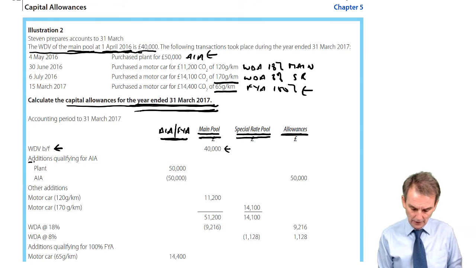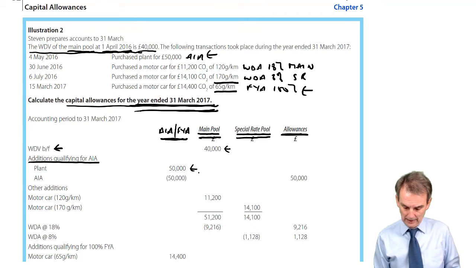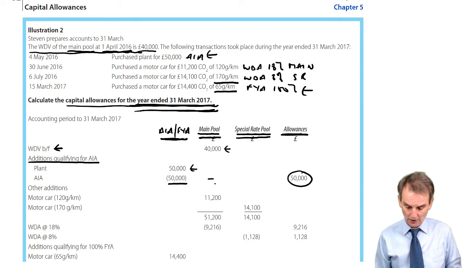What qualified as additions for AIA, the plant, 50,000, less than 200,000, full AIA available, and that goes into your allowances available column. It means that there's no residue of expenditure to go to the main pool there. We've had all of our allowances.